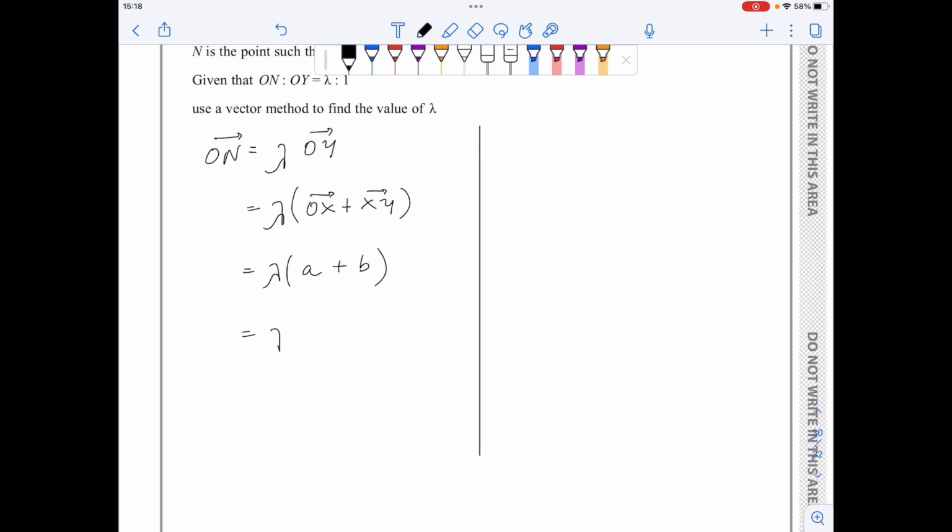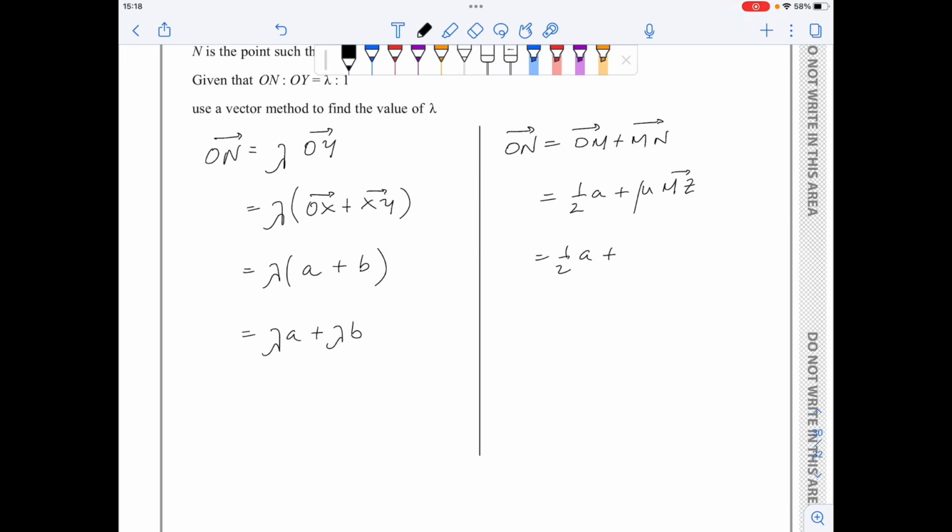If I expand, I'll get lambda a plus lambda b. The second route will be the one that goes from O to M and then M to N. OM is 1/2 a plus MN is mu times MZ.